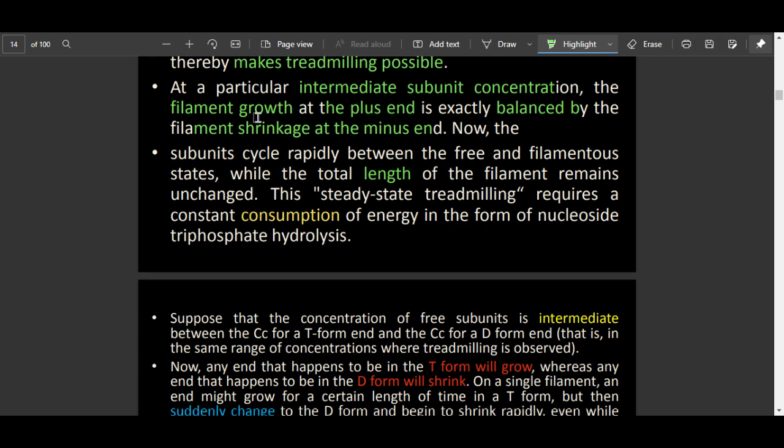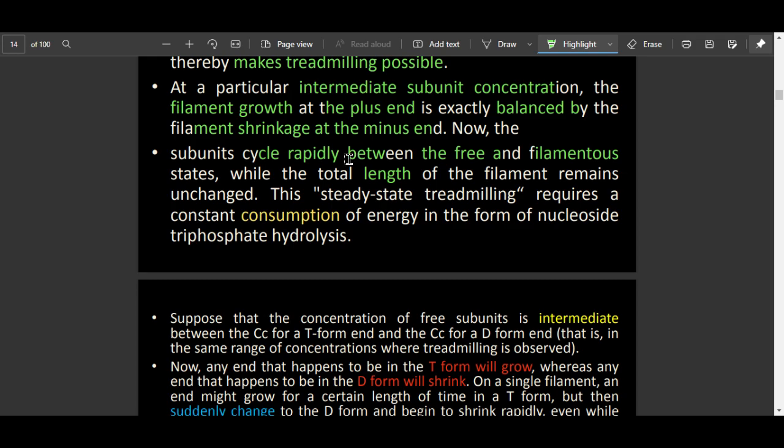Now the filaments cycle rapidly between the free and filamentous states. Some subunits are in the filamentous state and some subunits are free.